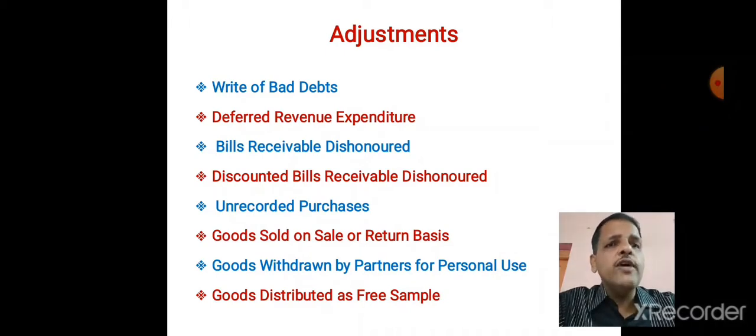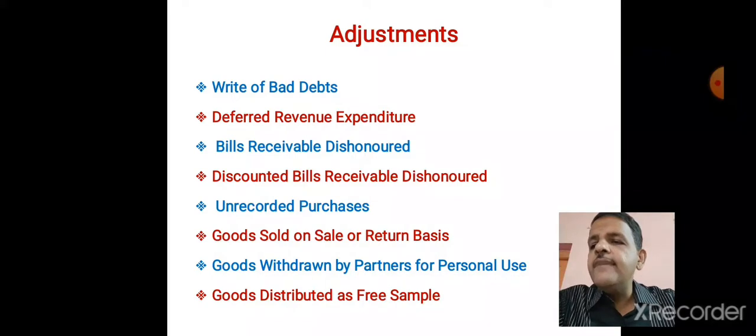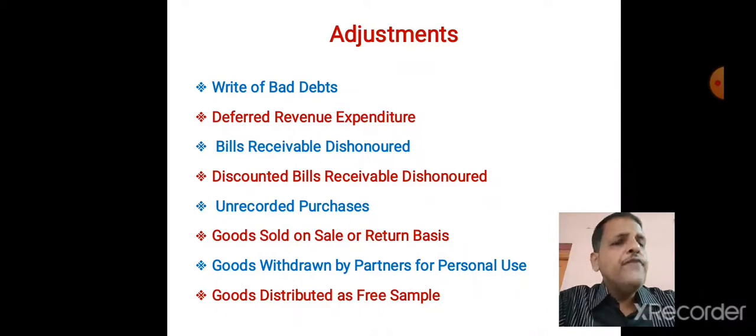Let us go towards goods sold on sale or return basis. Now, when we are selling goods on sale or return basis, what we have to do is we have to give 4 effects. 2 effects at selling price and 2 effects at cost.